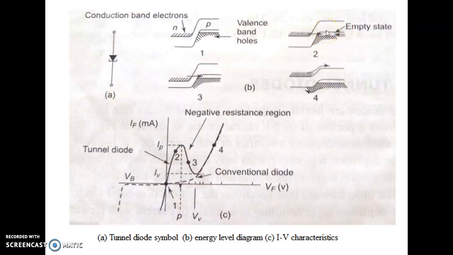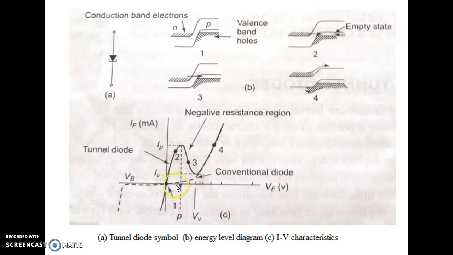What happens is that the Fermi level at the p side will be slightly lower compared to the Fermi level at the n side, as we apply some voltage.